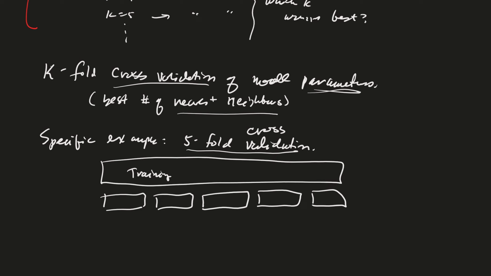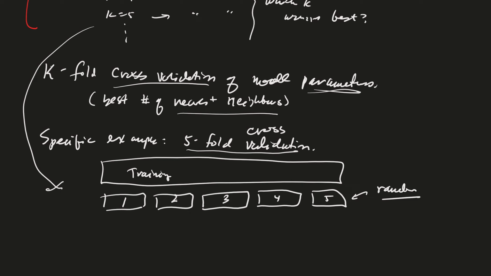And why do we subdivide into 5? By the way, these are randomly drawn. The idea here is that you're going to run the algorithm several times to estimate the error. So this is test set 1, test set 2, 3, 4, 5.